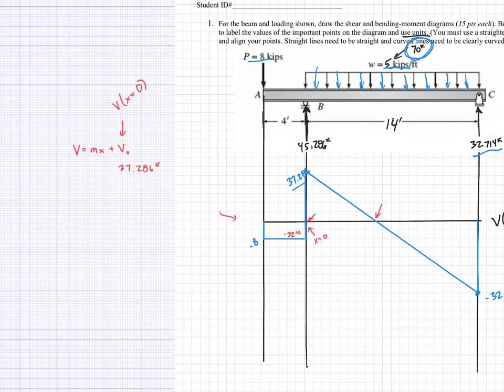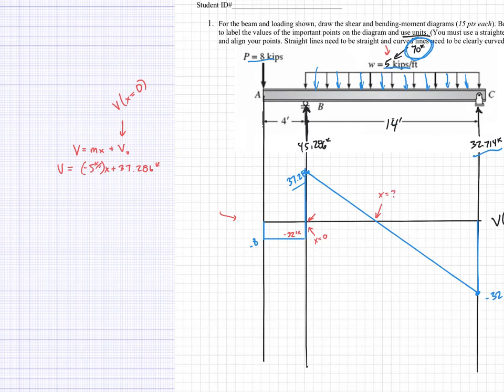The slope of this line, we know it right here, it's -5. That's kips per foot times x, like that. So that's my equation, y equals mx plus b. And what I want to know is what is x? X equals what when v equals 0?